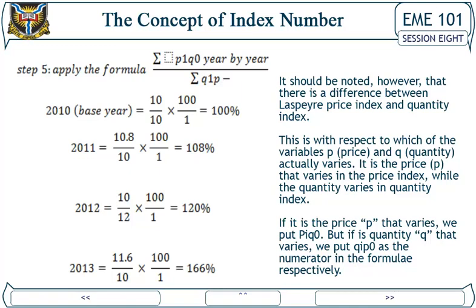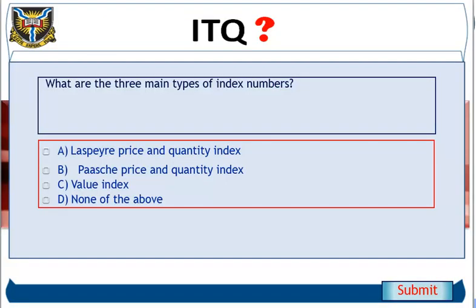This is with respect to which of the variables, P price and Q quantity, actually varies. It is the price that varies in the price index, while the quantity varies in the quantity index. If it is the P that varies, we put P1Q0, but if it is quantity Q that varies, we put Q1P0 as the numerator in the formula respectively.